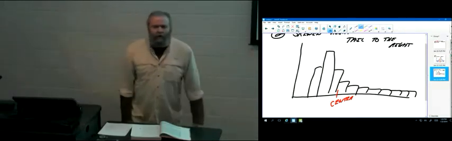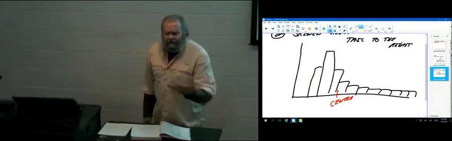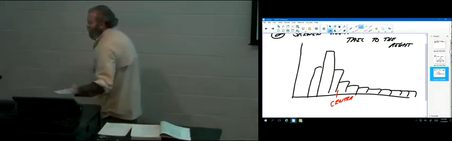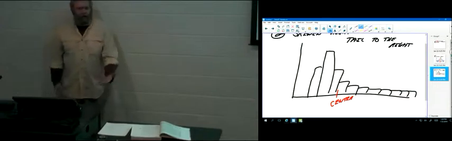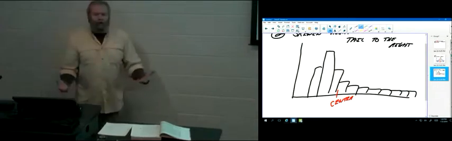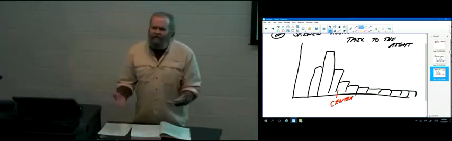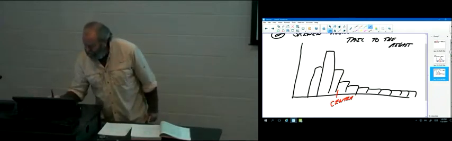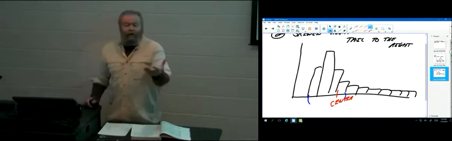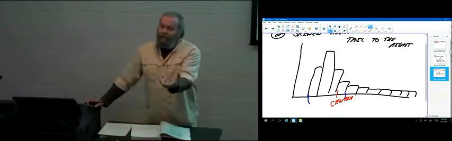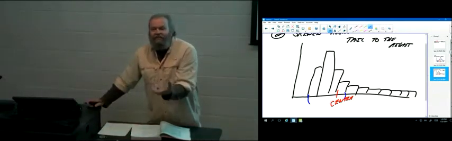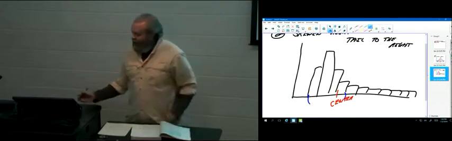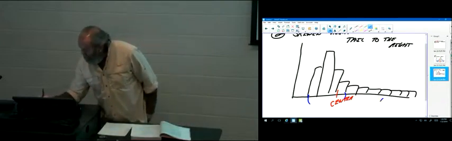Okay? Now, what does it mean for me to tell you that your histogram is skewed to the right? What does that mean in terms of my distribution? Where's the majority of the observations this time? It's on the low end of the scale, right? The majority are actually on the left side of the histogram. And then what happens as we increase?